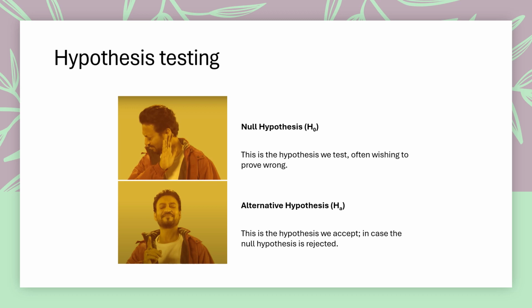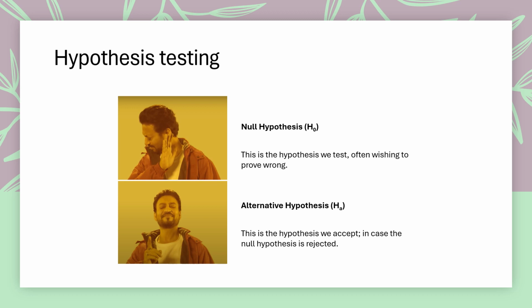Now, what is the alternative hypothesis? Is it something different? Yes. The null hypothesis is what we are testing. In our case, we have assumed that the data of 7.5 is the same as the pH level of the water that we have collected.